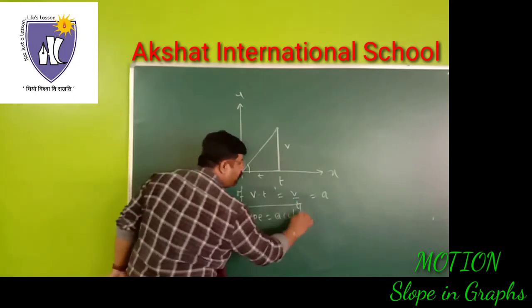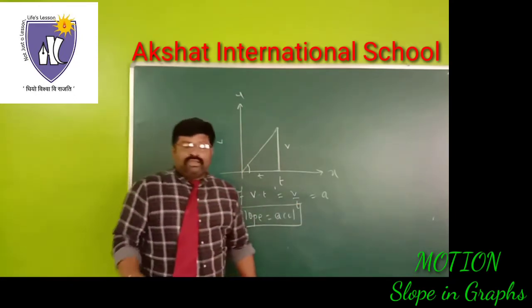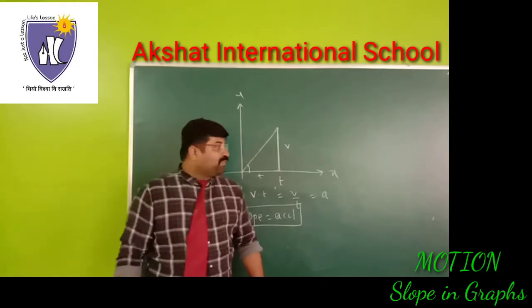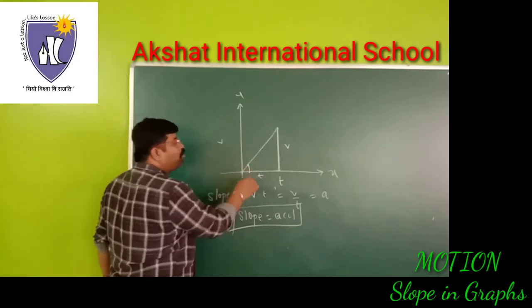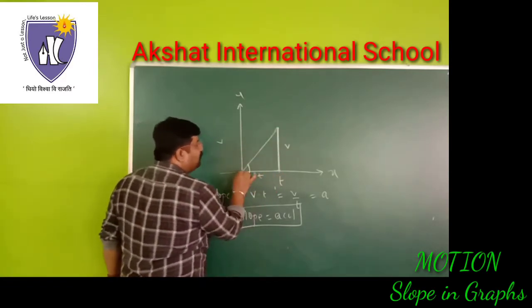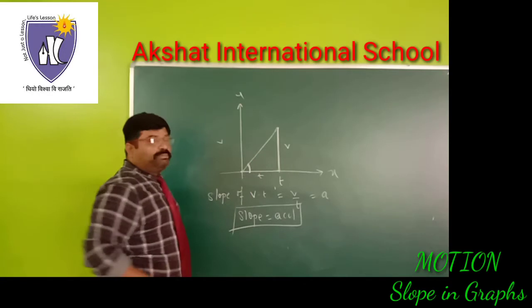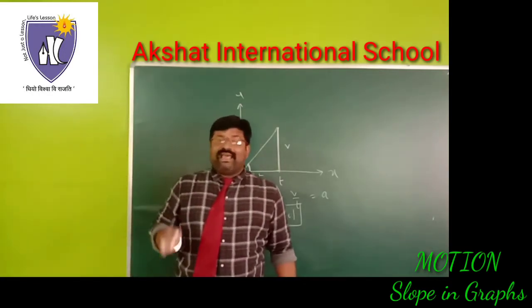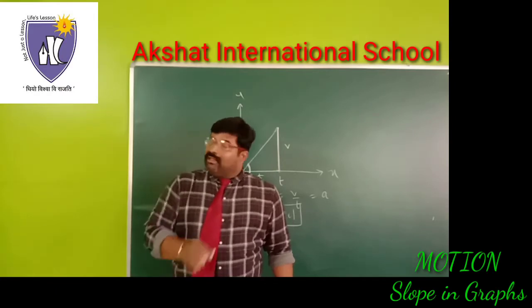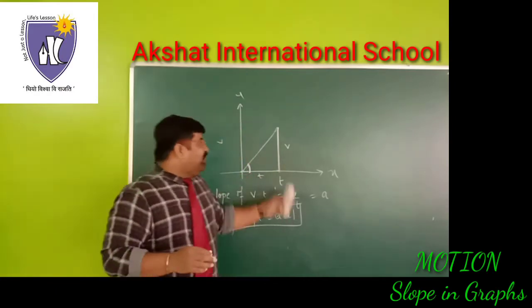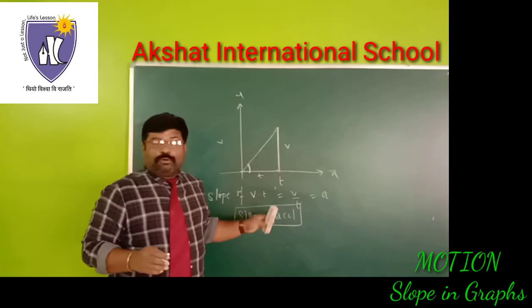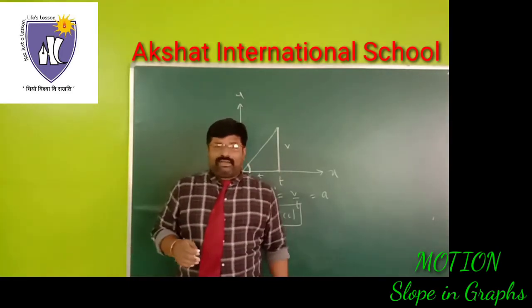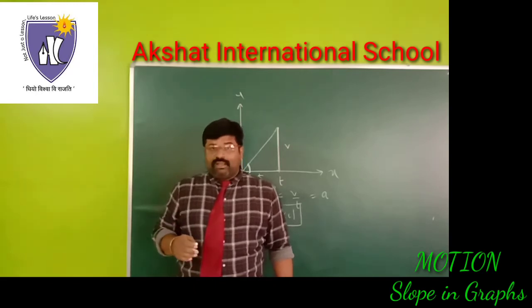This is again very important, and we are going to use it in the derivation of the equations of motion. That means in a velocity time graph, the slope represents acceleration. Why am I taking this ratio? In class 10th you are going to study a branch of mathematics, trigonometry.